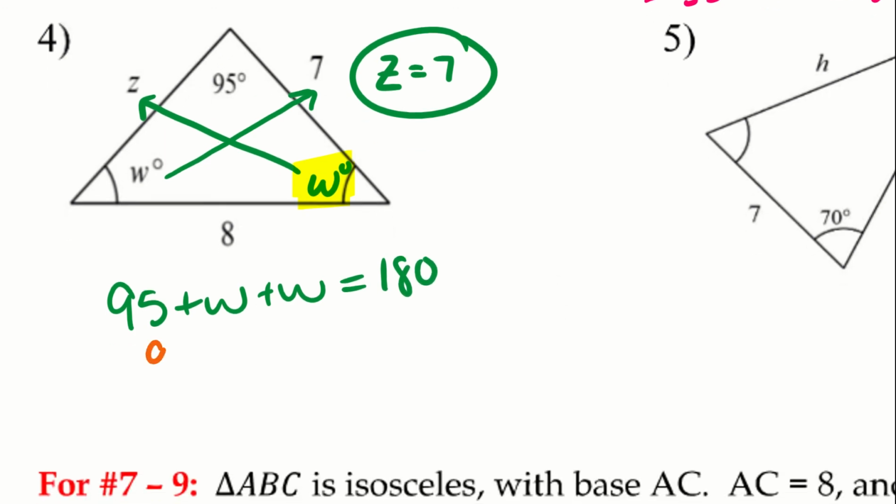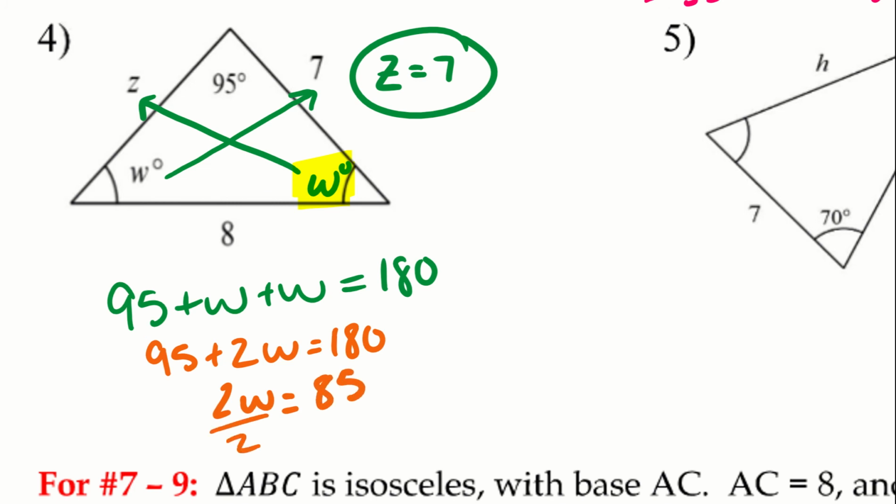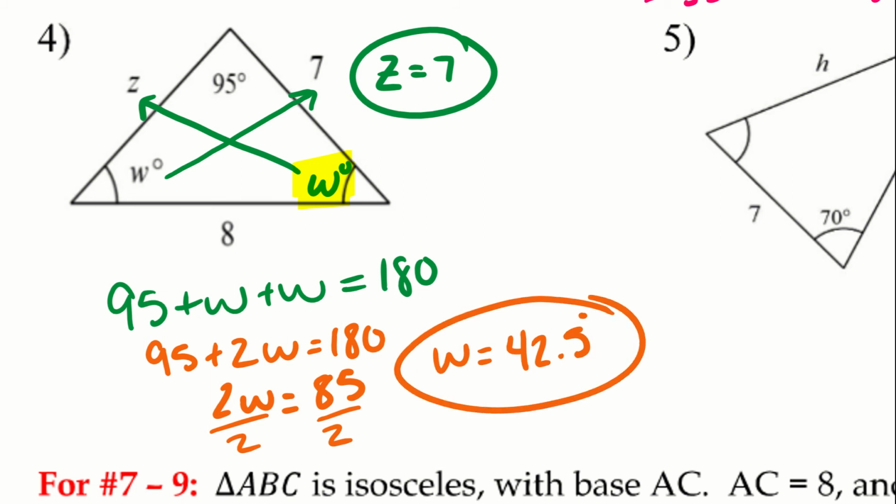So now I have 95 plus 2w equals 180 degrees. Go ahead and subtract the 95 from both sides, and I get 85. And then divide by 2, and I get w equals 42.5. Not bad.